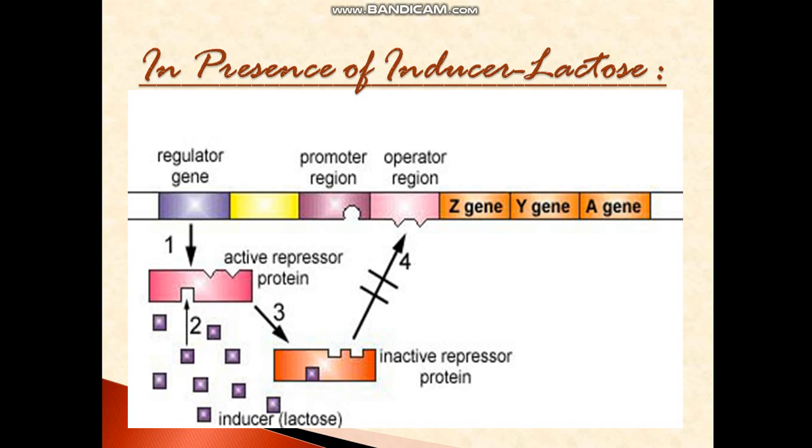It diverges from its path, or it is being stopped by the inducer. You can say it is the distraction in the functioning of the repressor. So the repressor gets distracted by the lactose, and this lactose starts talking with the repressor and stopping it here only.